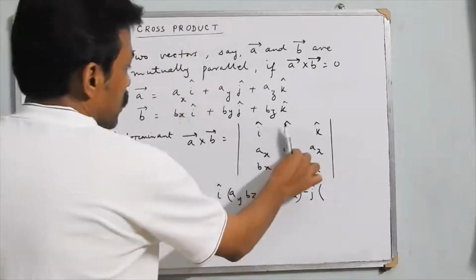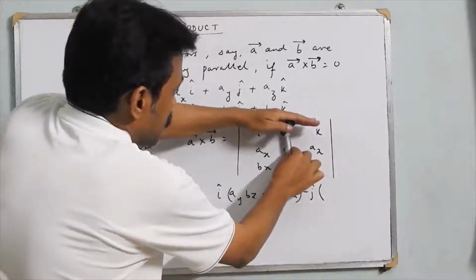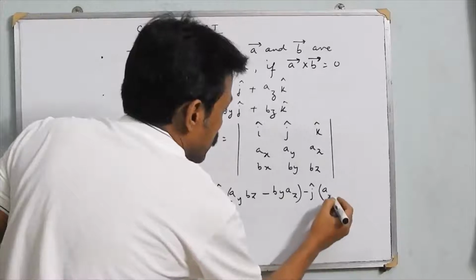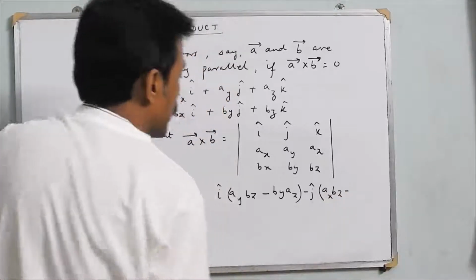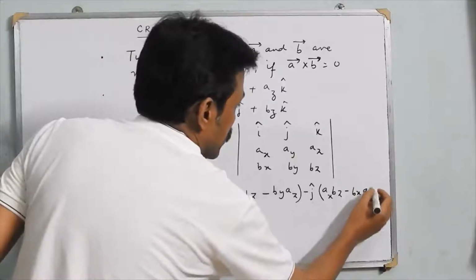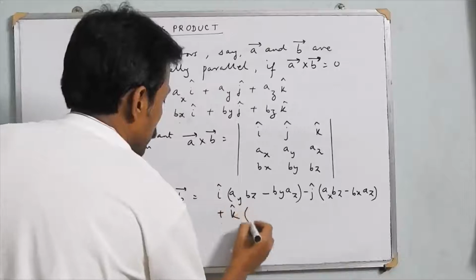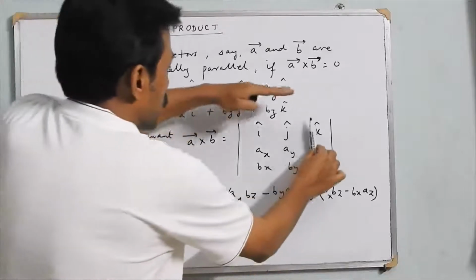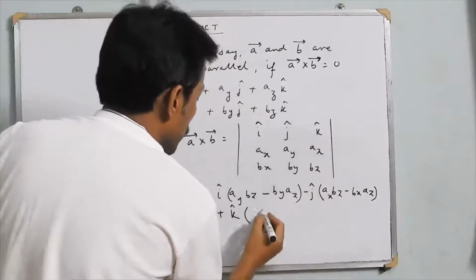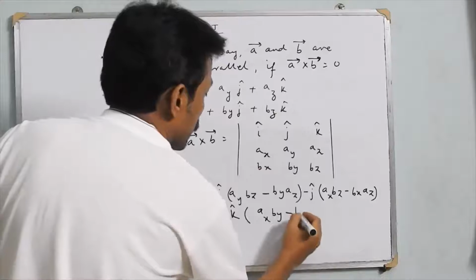You have to close the row and column corresponding to this j hat, and then you have to cross multiply. You will get ax bz and minus bx az. Then again k hat, it will be positive. If you close the row and the column corresponding to k hat, you will get ax by minus bx ay.